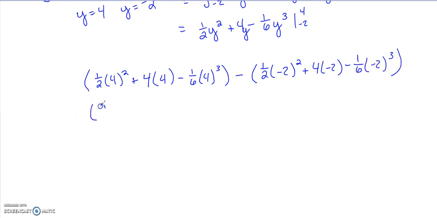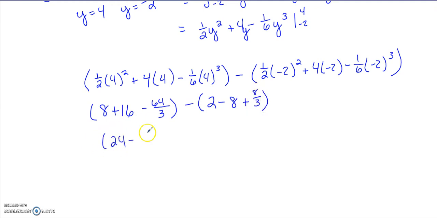Okay, so this is going to be 8 plus 16 minus 64 thirds, minus 2 minus 8 plus 8 thirds. So we get 24 minus 64 thirds minus -6 plus 8 thirds.